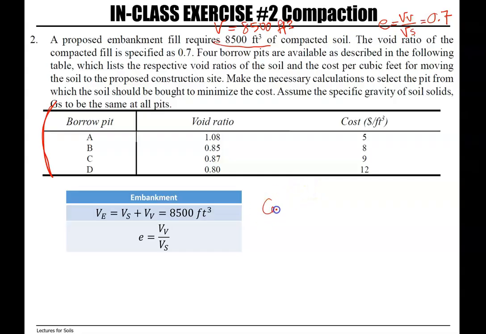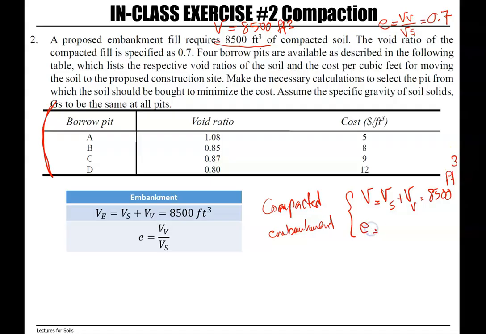So, for compacted soil, we will have a total volume, which is volume of solids plus volume of void, of 8,500 cubic feet. And it needs to have a void ratio, which is volume of void divided by volume of solids, of 0.7.